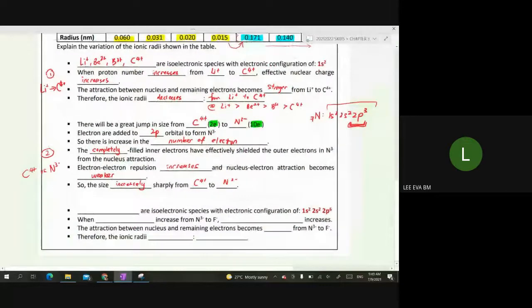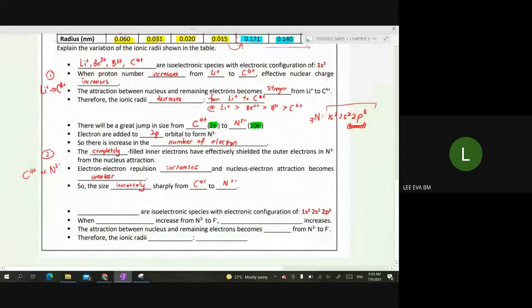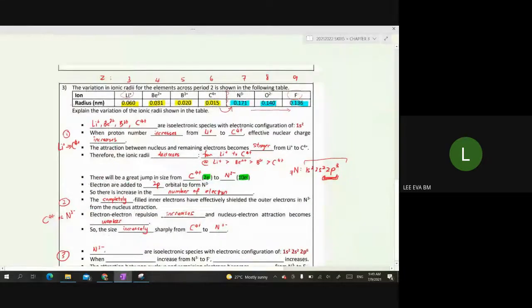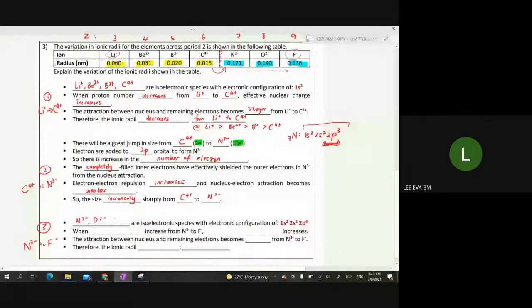So the next one, we are explaining from N3- to F-. We can write here N3-, O2-, and then F-, isoelectronic species. So now you have 10 electrons, or the electronic configuration 1s2, 2s2, 2p6. Again, the same thing, fill in the blank.